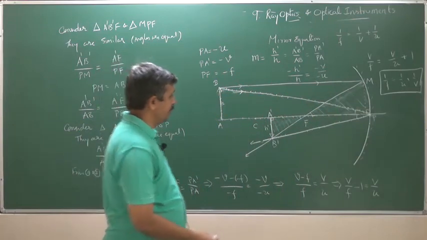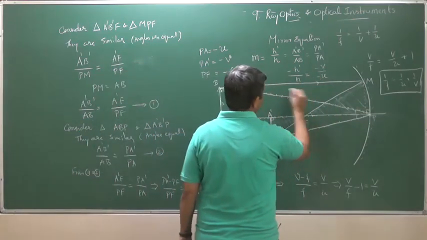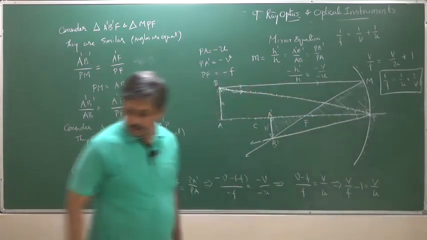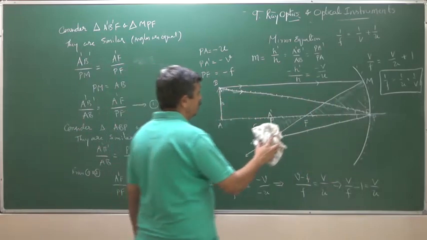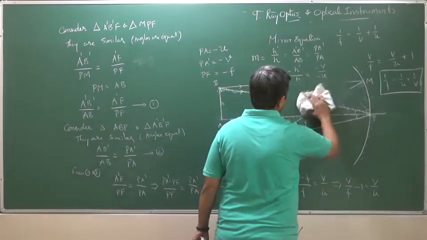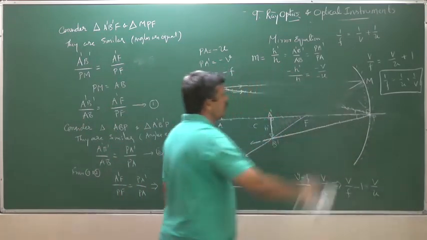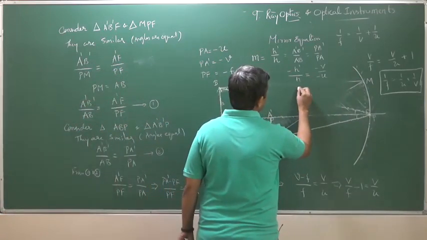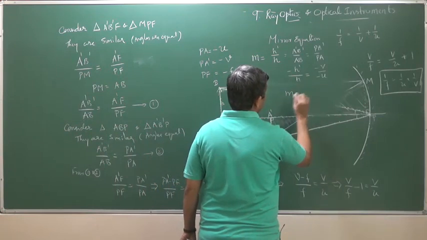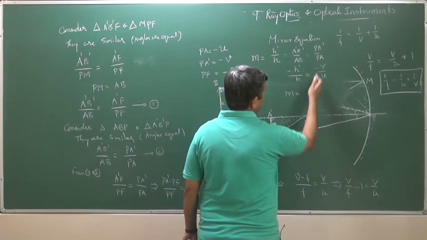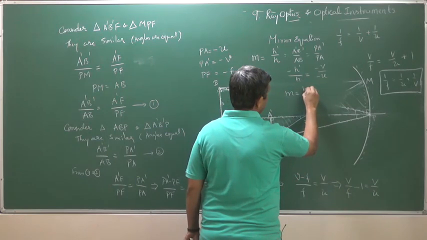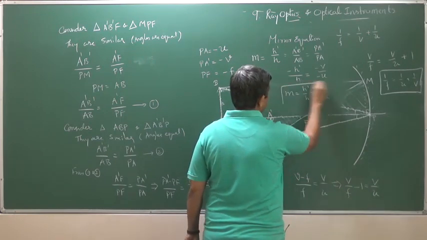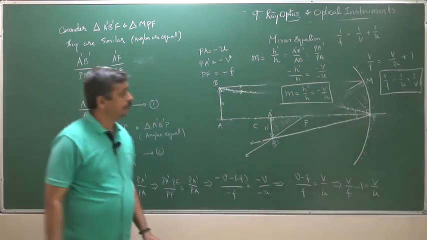So that means this implies, m is equal to nothing but, if you cancel these two, then you will get h dash by h is equal to minus v by u.